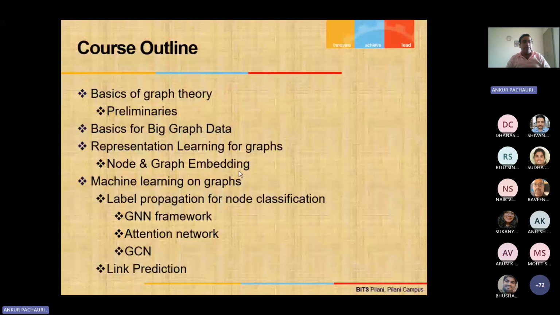So let me talk about the complete course. What should be the orientation, or the flow, of the course? First of all, we'll talk about the basics of graph theory, some prerequisites. Then we'll talk about the basics of big graph data.